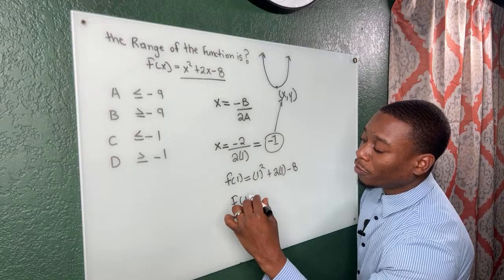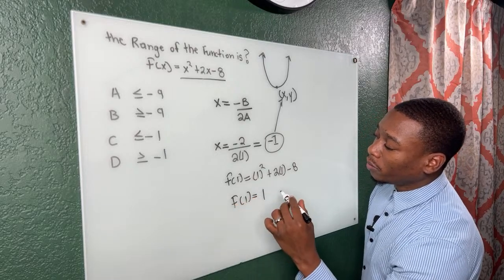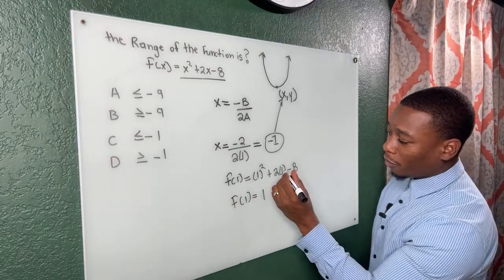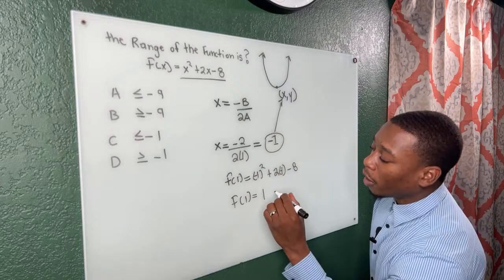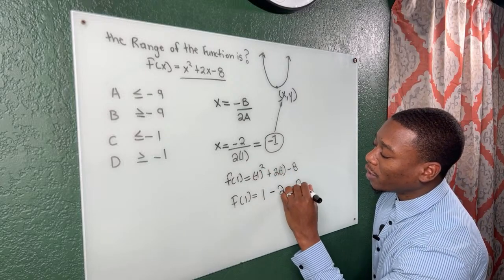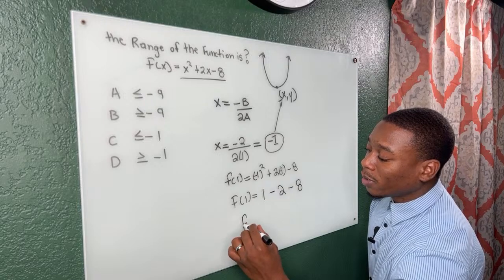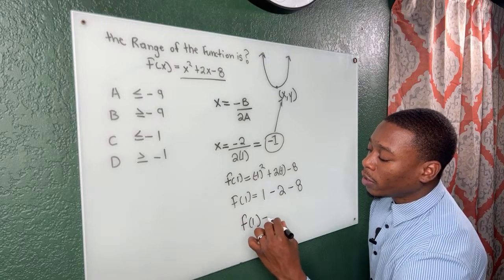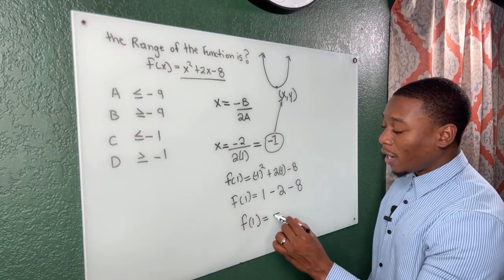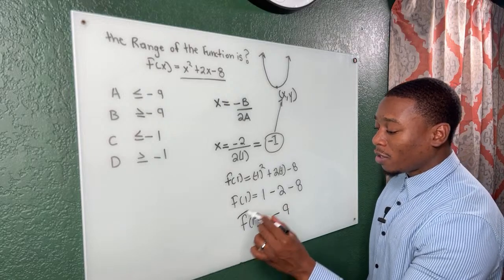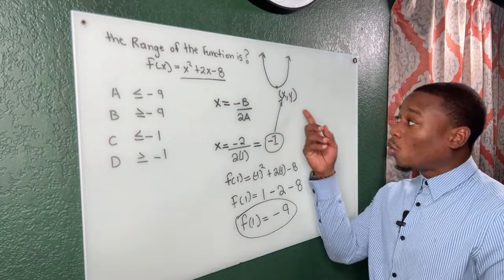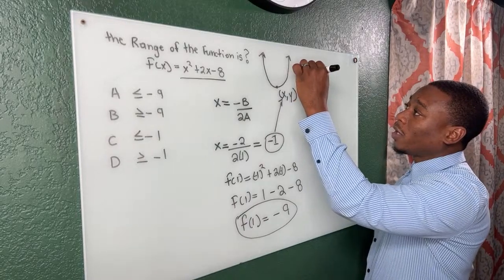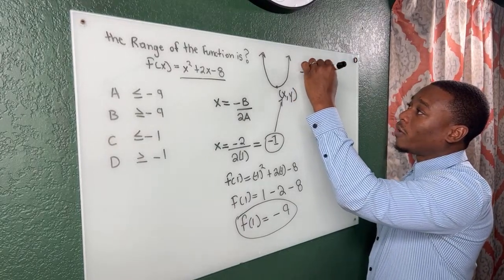Now once I simplify, I'm going to get 1, and I forgot my negative. I'm going to get 1 minus 2 minus 8. So once I simplify f of negative 1, this is going to give me an answer of negative 9, right? So now I know that this vertex is going to be negative 1, negative 9.